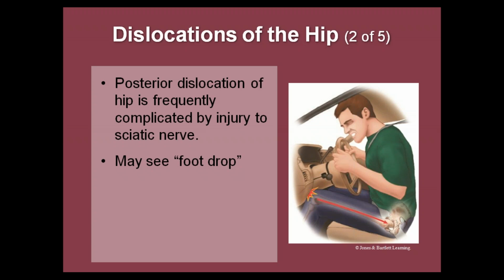With that sciatic nerve, they could also have numbness along the side and back of the calf and into the lateral side of the foot, all the way up into the lateral two digits of the foot, so digits four and five.